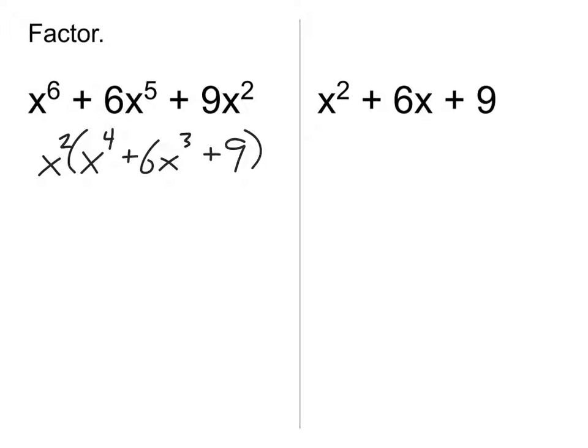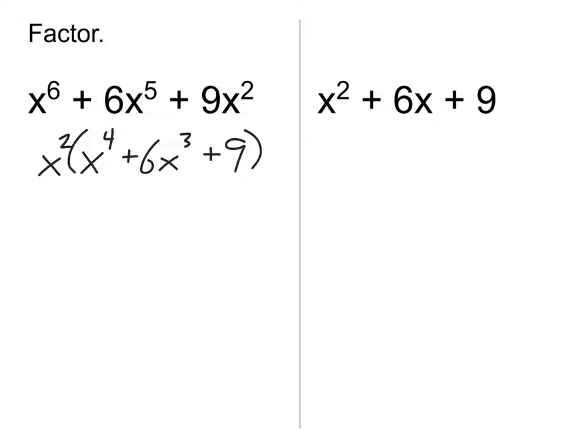Now, you double check yourself to make sure you've actually pulled out the biggest number. Notice, between all three of these terms, there's nothing else I can divide them all by. Because there's no x in that last term, and I can't divide that first term by 3. So yes, I now know I'm totally done.